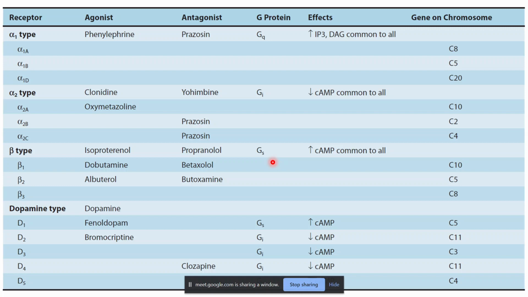Dopamine receptors are typically associated with the stimulation of adenylyl cyclase or inhibition of adenylyl cyclase depending on the type, D1 or D2. Type D1 includes receptors 1 and 5, type D2 includes receptors 2, 3, and 4.